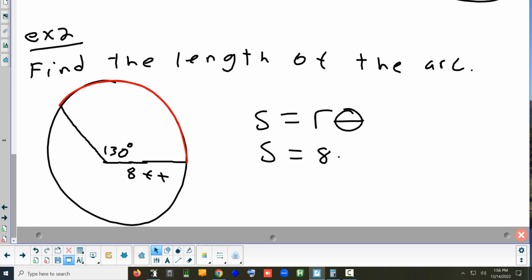Now, this time I gotta be careful with my angle. What do I want to make sure I do with my angle first? I need to convert it to radians. If you fill it in as 130, it's wrong. So let's change it to radians off to the side.